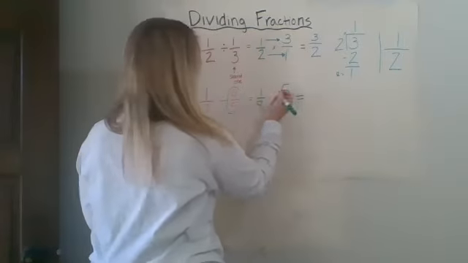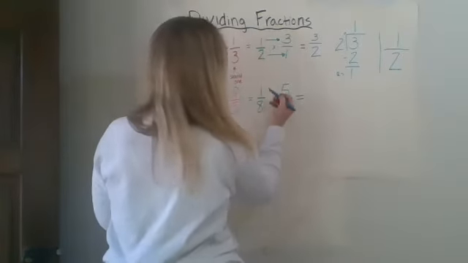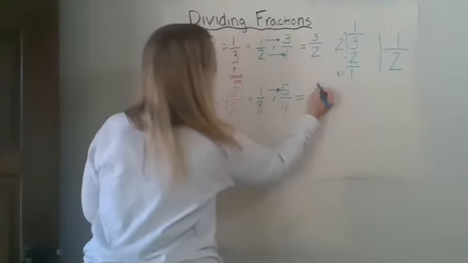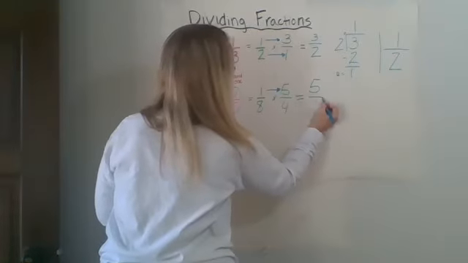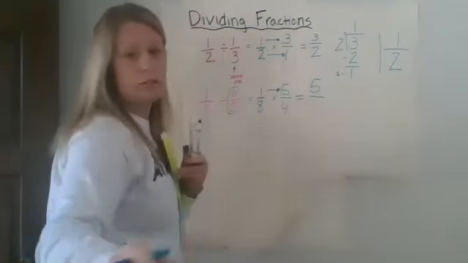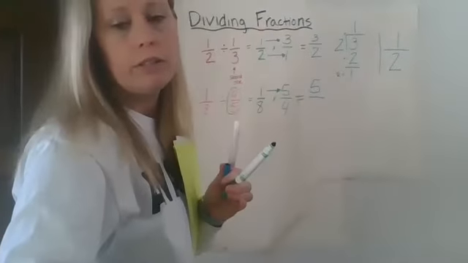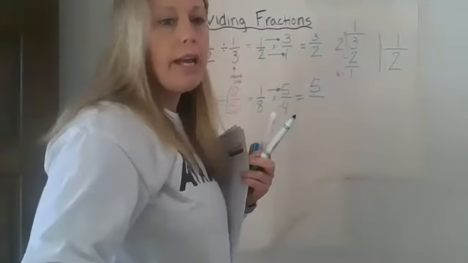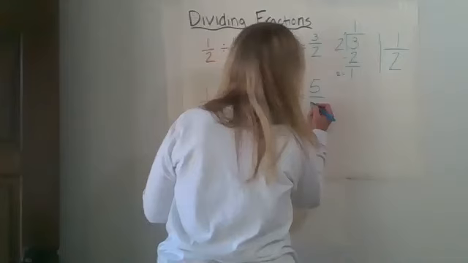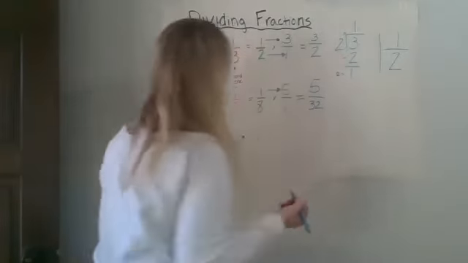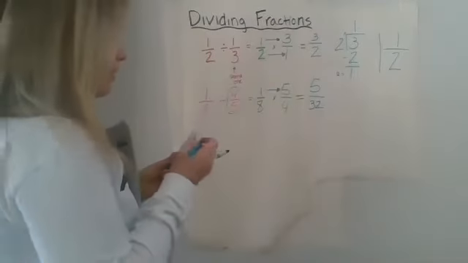Now we can multiply straight across. 1 times 5 is 5. 8 times 4 is 32. And that's all we have to do with that fraction.